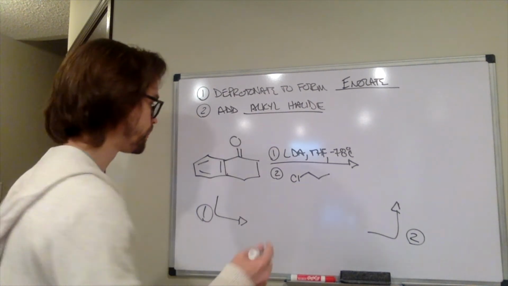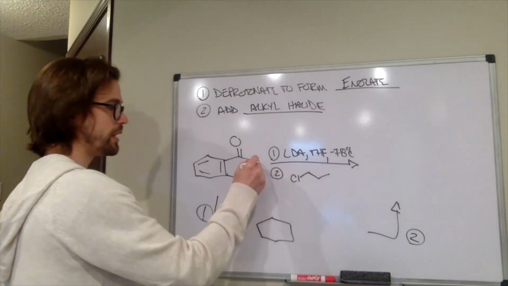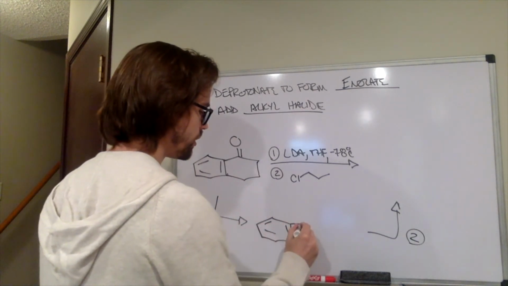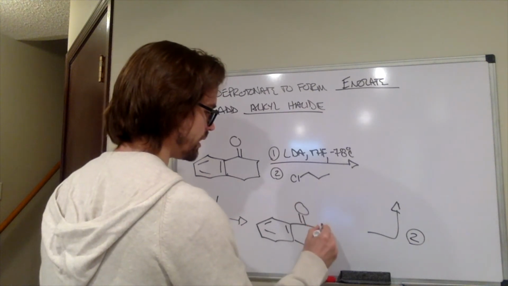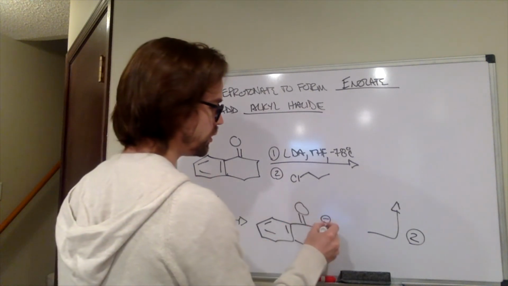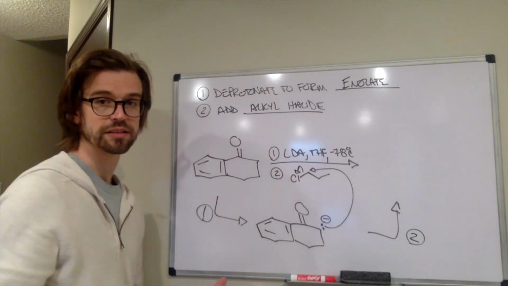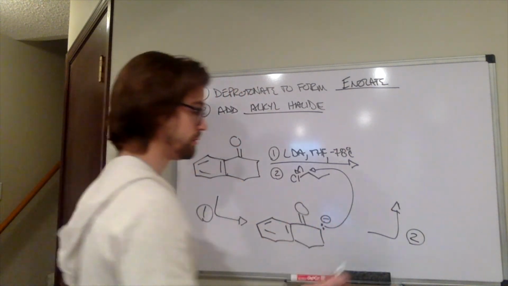Boom, crushed it. So yeah, this is going to form the enolate. We can only form the enolate on this side, right? Because there are no hydrogens attached there. So we treat that with 1. That makes the enolate that looks like that. This enolate then will react with 2 in an SN2 reaction.